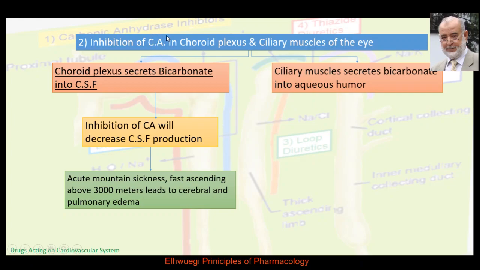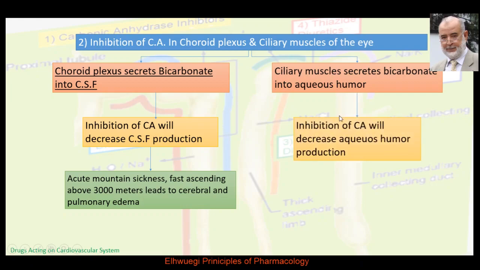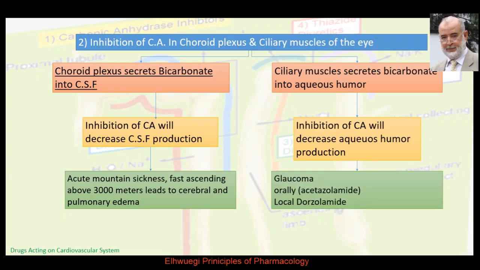Therefore, if we inhibit carbonic anhydrase, we decrease the production of aqueous humor in the eye, especially in the posterior chamber. This will result in a decrease in intraocular pressure, and therefore they are used in treatment of glaucoma.